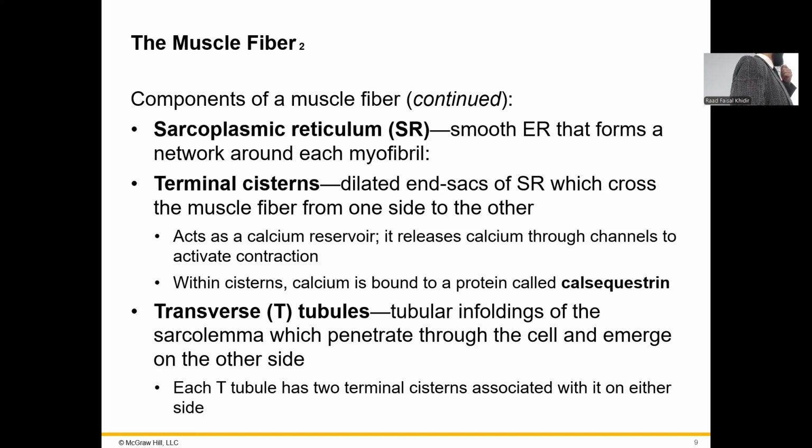So within the cisterns, calcium is bound to a protein called calsequestrin. This name is very important, calsequestrin. So from the name, calsequestrin is calcium sequester. So it holds, like now we are sequestered in this room.